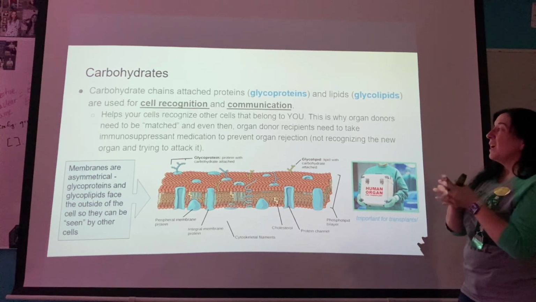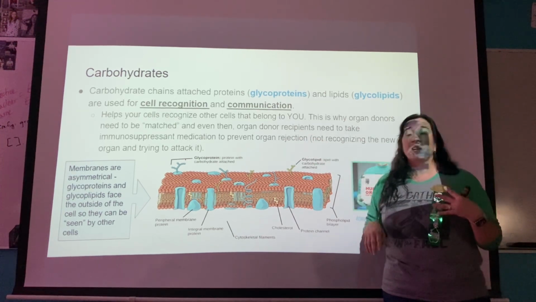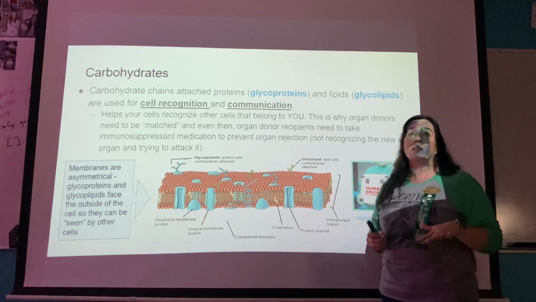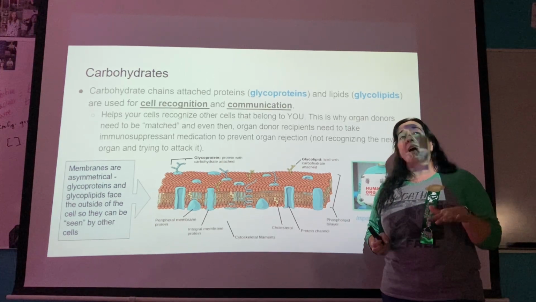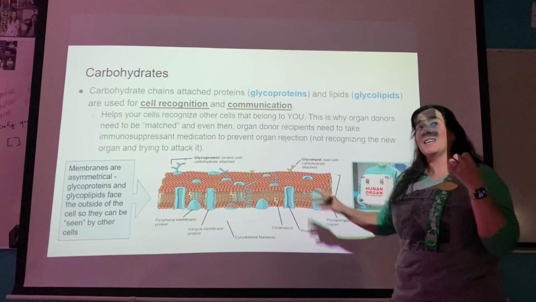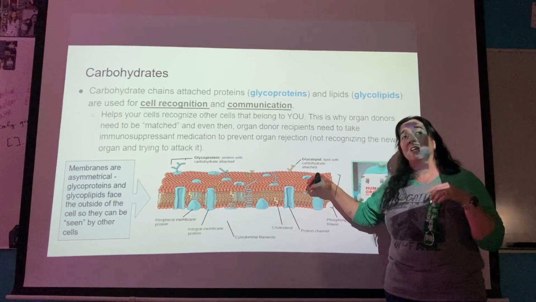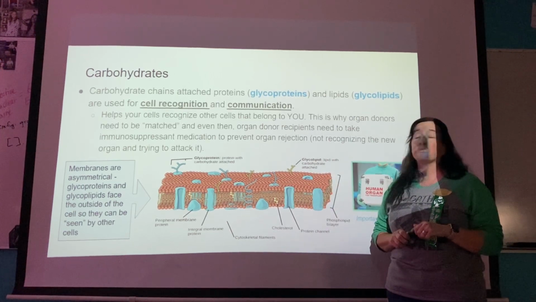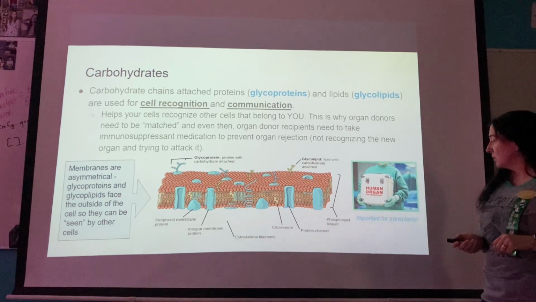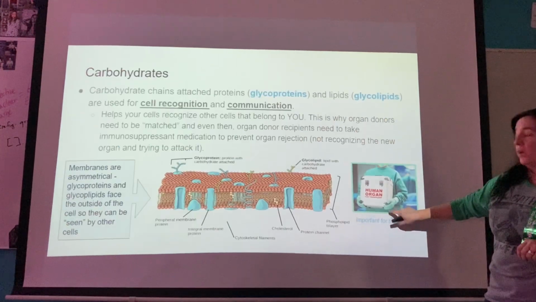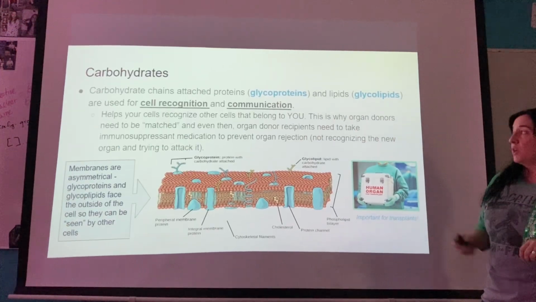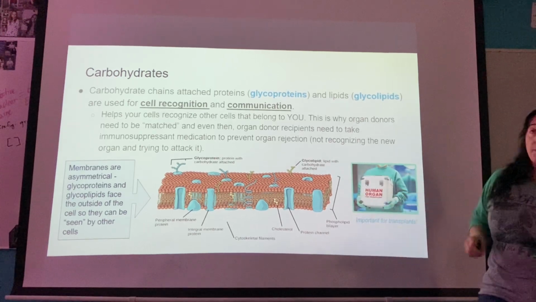Even then, you still need to take some type of immunosuppressant medication, that way your body's not attacking itself, trying to kill the different cells in that new organ you were just given. So really important if you're doing transplants. You definitely have to make sure that you have a good match.